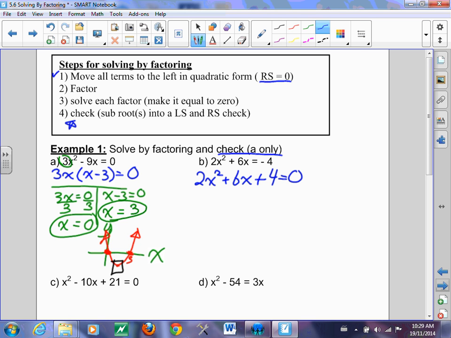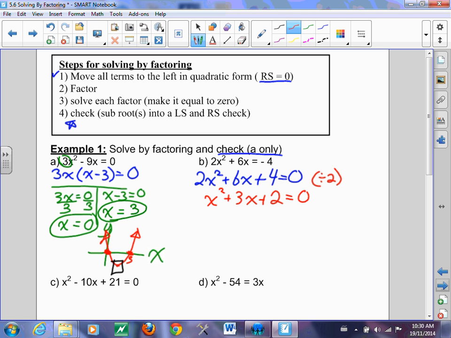However, when we have an equation, we can divide everything by 2 in this case. So instead of leaving the 2 out front, I'm just going to write down divide by 2. And when I divide by 2, I divide everything, because 0 divided by 2 is still 0. So we've got x squared plus 3x plus 2 equals 0.